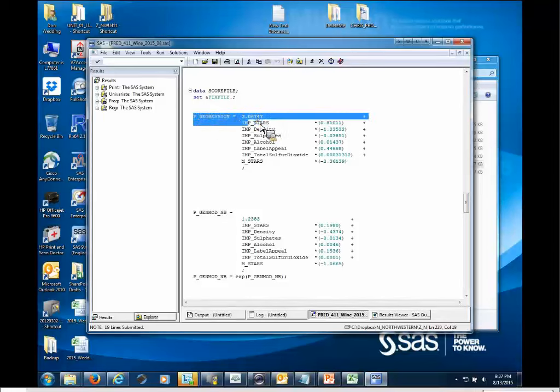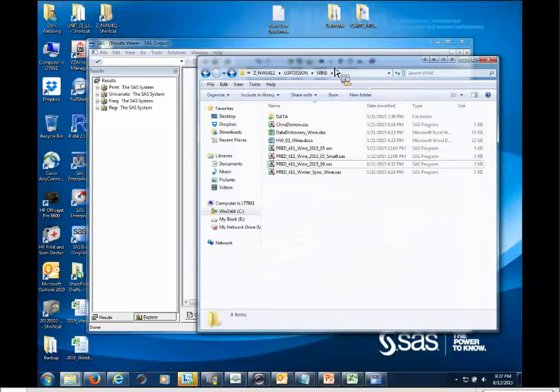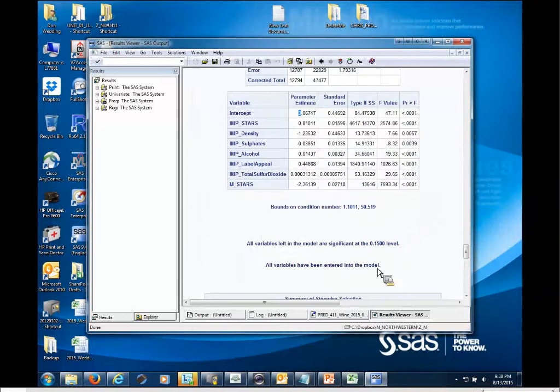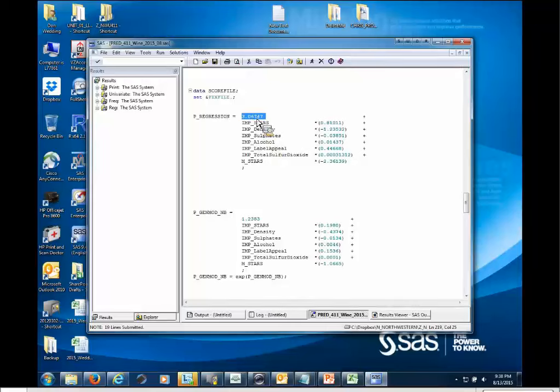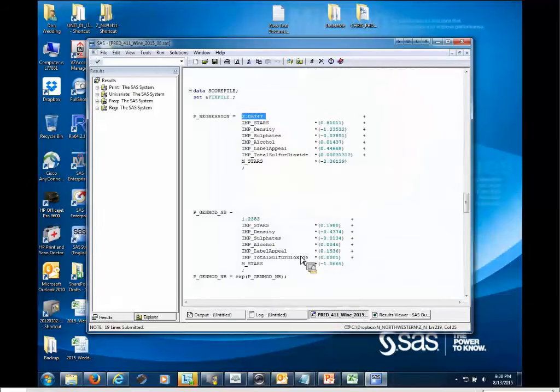For example, you can see that my intercept was 3.06747, and the imputed stars coefficient was 0.81011. So you can see these are all these values here.